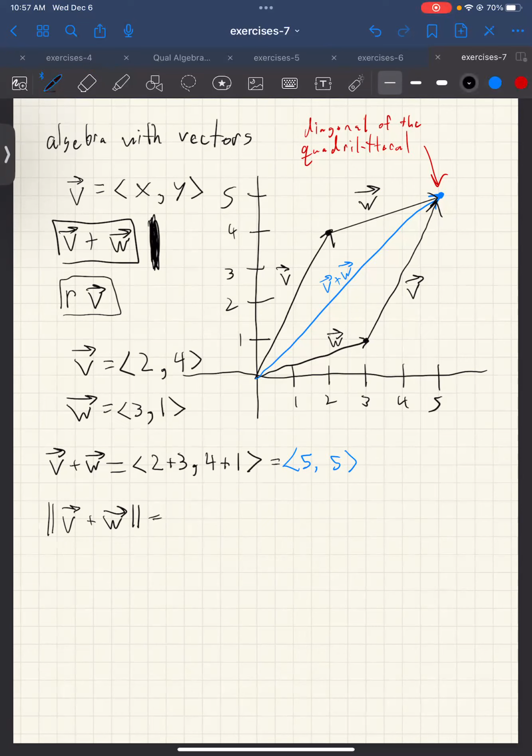Let's look here. The length of v plus w versus the length of v, so going here, plus the length of w.